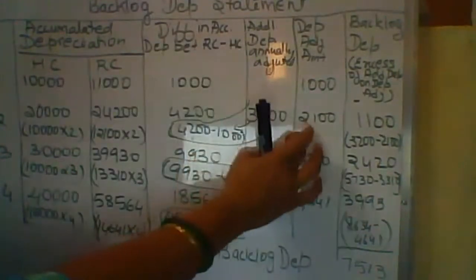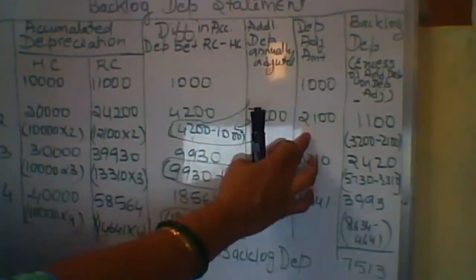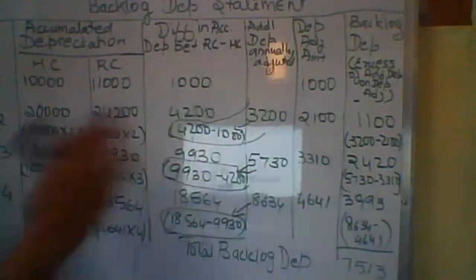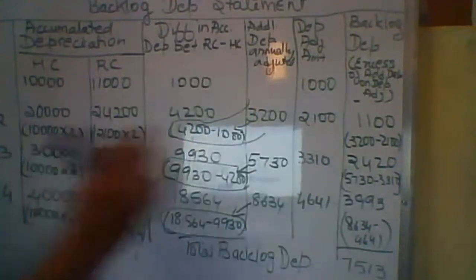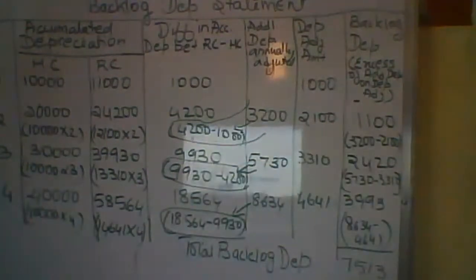According to my depreciation adjustment, I did each year's depreciation adjustment. I did 2,100 already. How much more? Because of the change in the value of depreciation, how much more is there? 1,100 is the backlog depreciation. Here in backlog depreciation, you are finding out two things. One, you are finding out the depreciation adjustment. Depreciation adjustment means for 1 year only I calculated the inflation factor of depreciation, and then I calculated the depreciation yet to be adjusted.